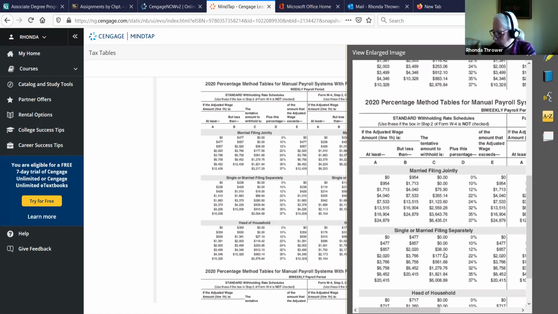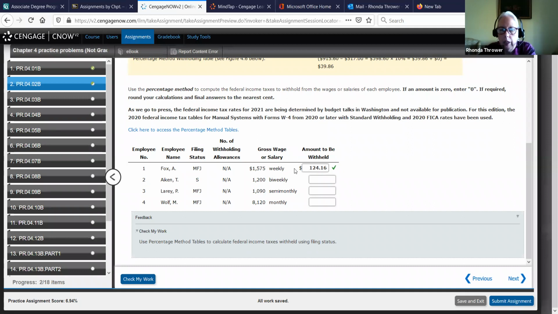So $41.16 plus 38 gives you a total tax for this employee for federal income taxes of $79.16. So I'm going to go back to Cengage and I'm going to put in $79.16. I'm going to check my work.